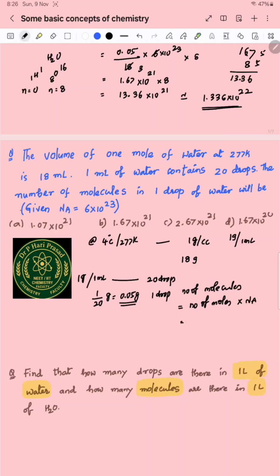Number of moles is equal to the weight of one drop of water divided by molar mass, so that will be 0.05 divided by 18, into 6 into 10 to the power of 23, right? Simplified, you will get the answer 1.67 into 10 to the power of 21, right? The same as the first question only, but the way of asking the question is a little bit changed.